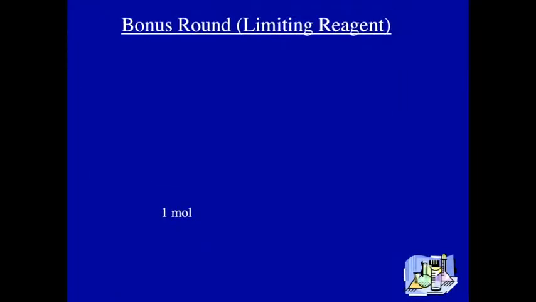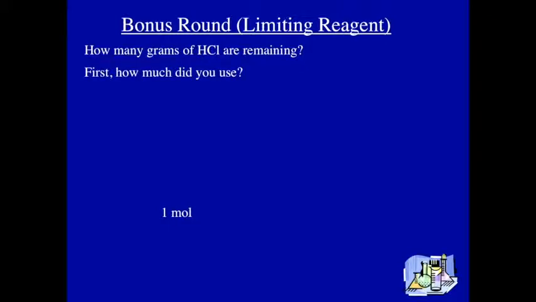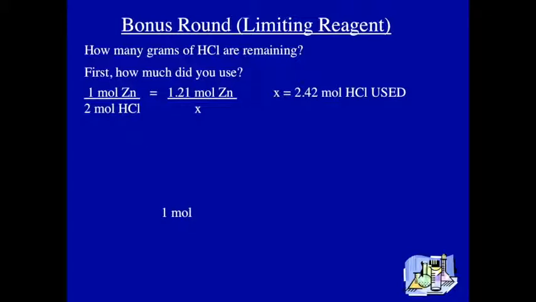One more challenge here with the limiting reagent would be to determine how much hydrogen chloride, or originally which became hydrochloric acid, remains. So we have a 1-to-2 ratio in our original equation of zinc and hydrochloric acid. So 1 mole of zinc to 2 moles of hydrochloric acid.